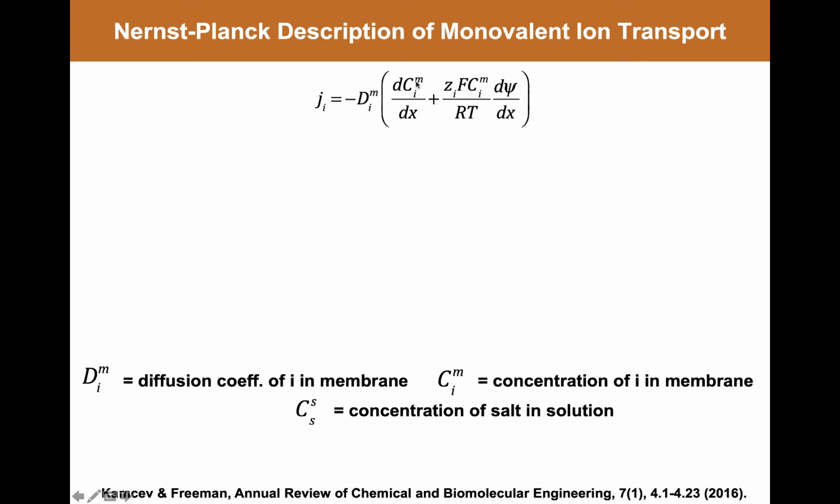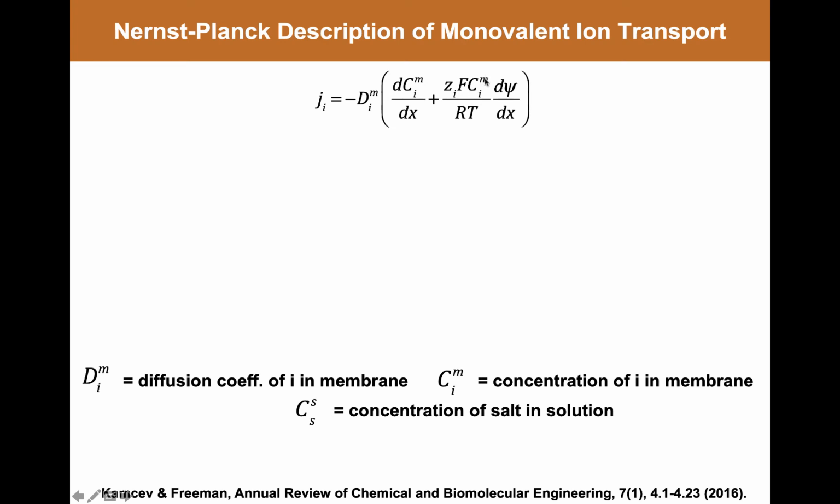And if there's a concentration gradient of ions across the membrane, then there can be a flux of ions driven by the concentration gradient. If there's an electric potential gradient, that can also drive the flux of ions across the membrane. Here, Zi is the valence of the ion, F is the Faraday constant, Cim is the concentration of ion I in the membrane.